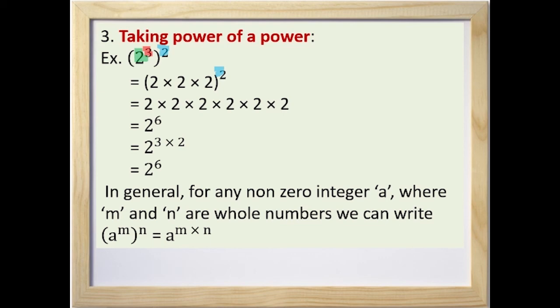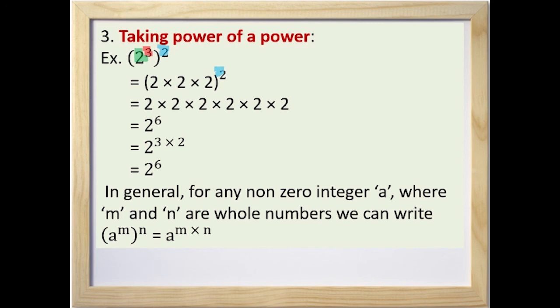Now, the whole thing, that is 2 raised to the power of 3, will be the base and 2, the exponent which is outside the bracket, will be the exponent. Understood, children? Is it clear?